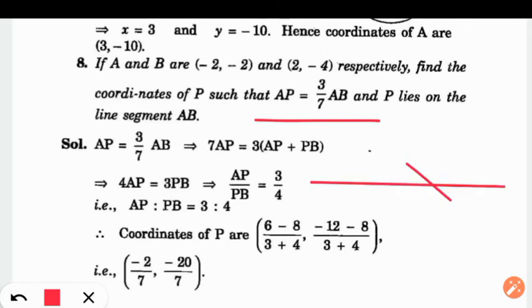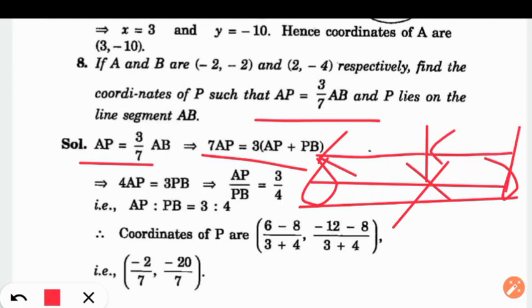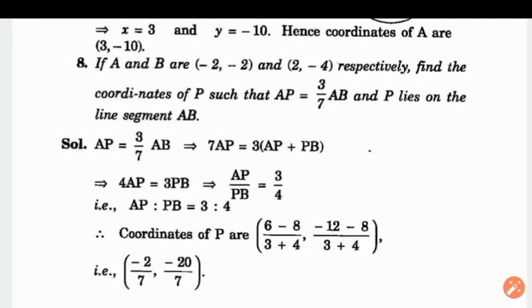Suppose here we have P, here we have A and here we have B. So what ratio do we require? A to P, then P to B, right? So how will we find it? Cross multiply, and AB means this total. So in place of AB we can write A to P, here to here, and then P to B, here to here.